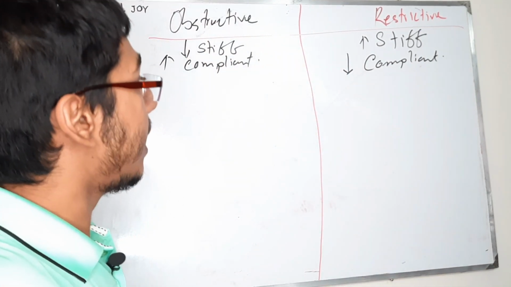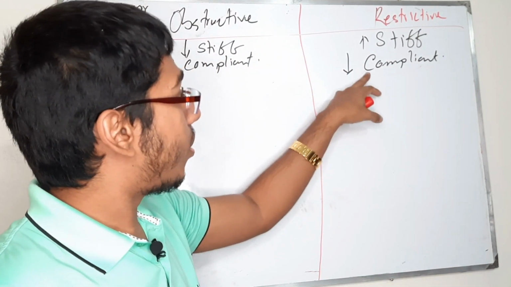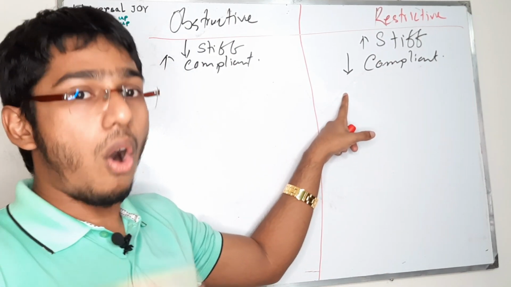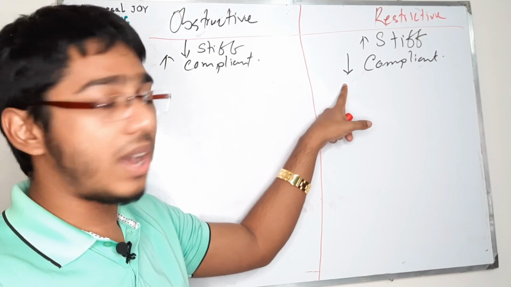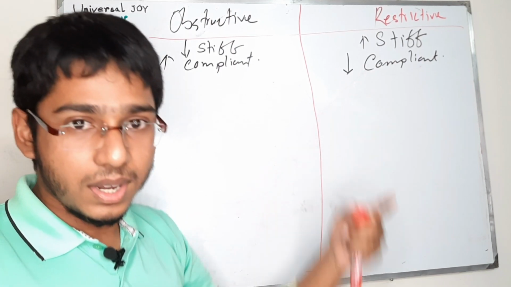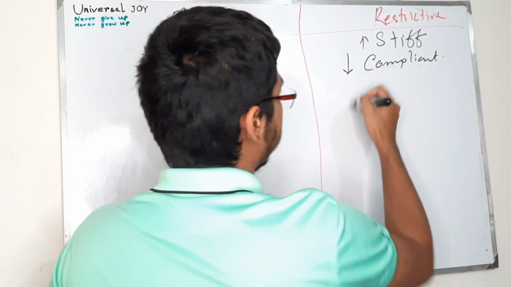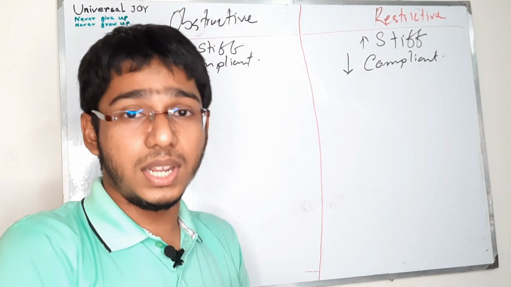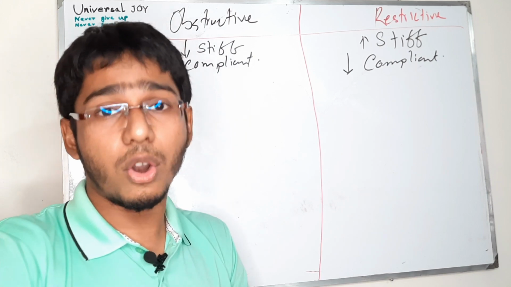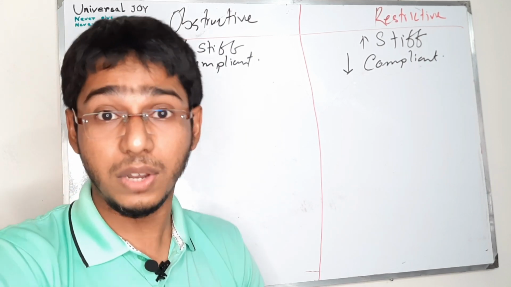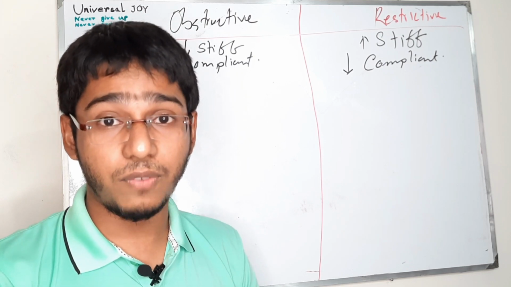Now you tell me, which part of the lung was associated with the restrictive disease? Was it the airway or the lung parenchymal cell? Definitely the answer is the lung parenchymal cell, because the lung parenchymal cell underwent either fibrotic damage, or inflammation, or infectious spreading.